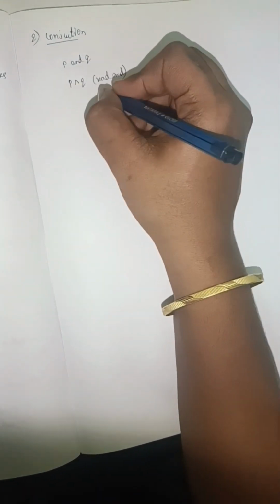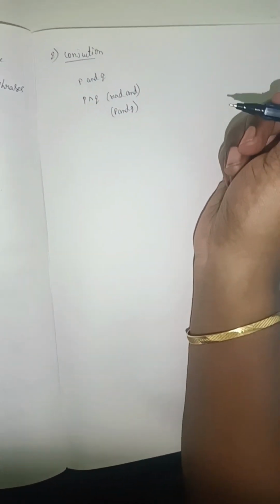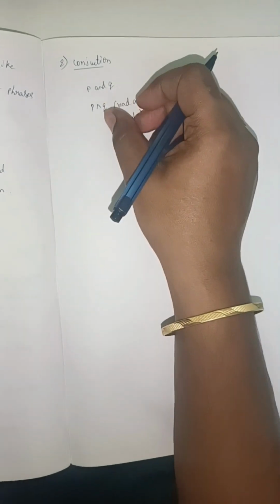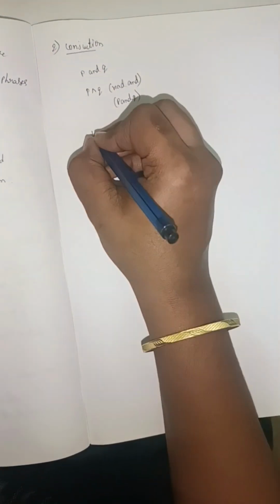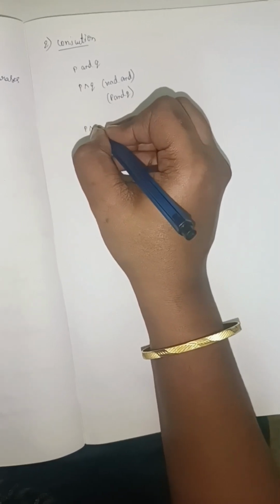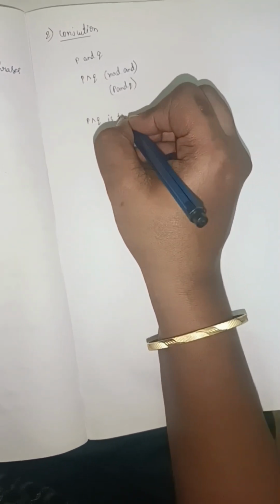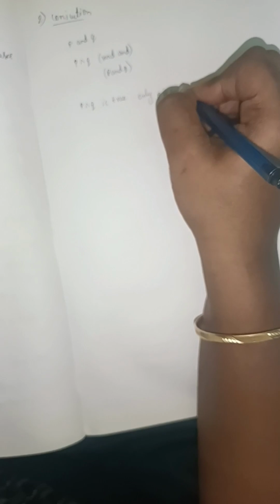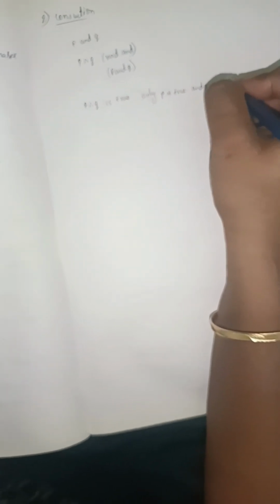It is read as P and Q. The truth table of the conjunction means P and Q is true only if P is true and Q is true.